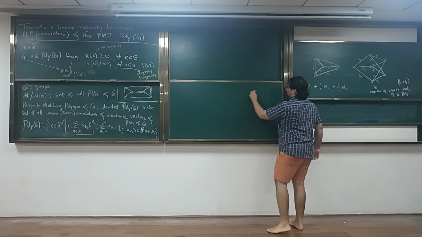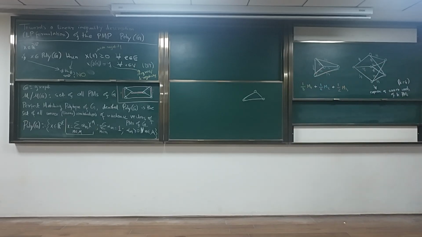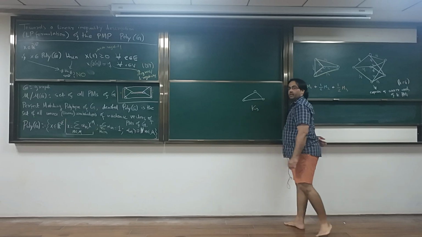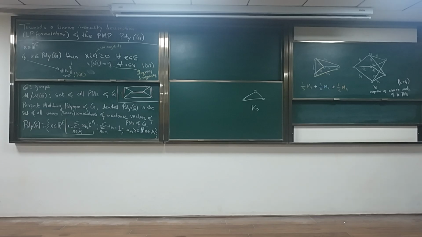So see if you can try with this example. For this particular example, K3, can you come up with a vector that is non-negative and one regular? If you can come up with such a vector, then you can already see that this is not if and only if. Because there are no perfect matchings, the perfect matching polytope is actually empty, so that would be a problem, right? Then the vector cannot belong to the empty set. That would be a problem.